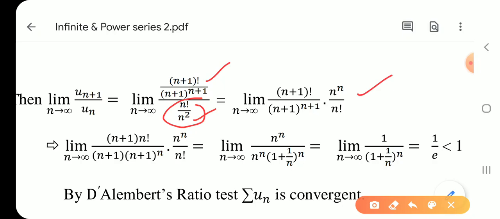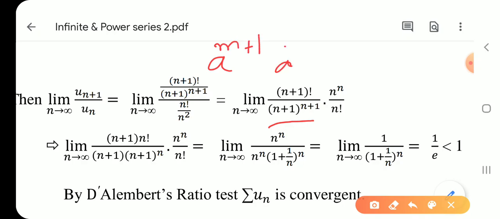To simplify, as in the previous problem, n plus 1 factorial I will write as n plus 1 into n factorial, divided by n plus 1 to the power n plus 1. See, a to the power m plus 1 can be written as a to the power m into a to the power 1. If bases are same, we can add the powers, so the added powers we can split into 2.